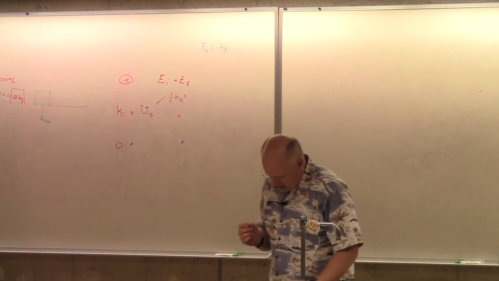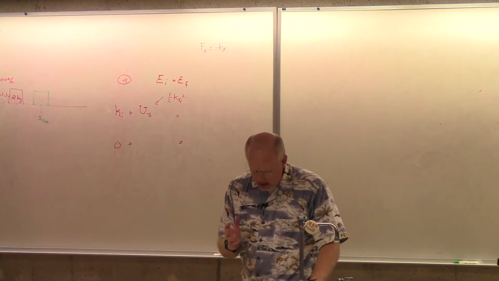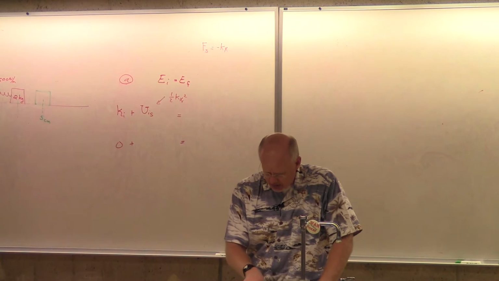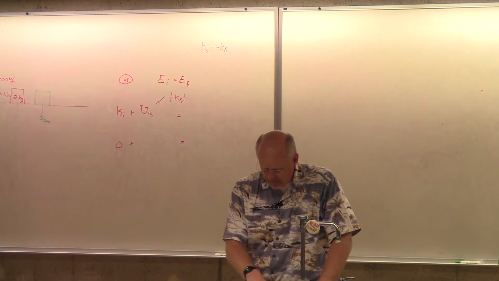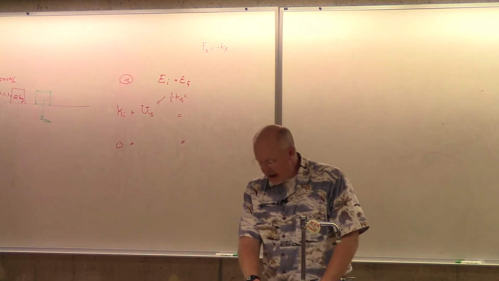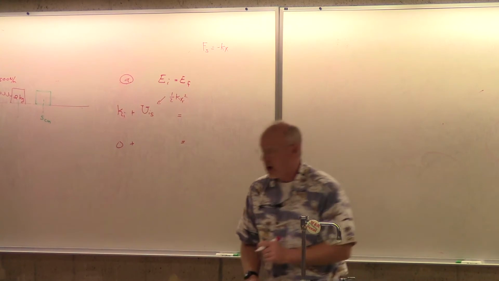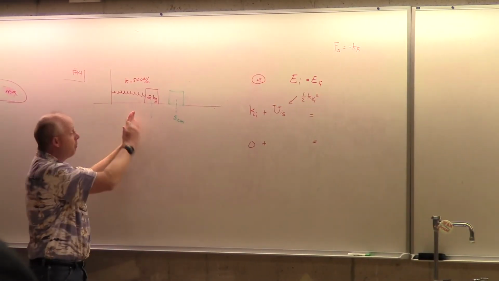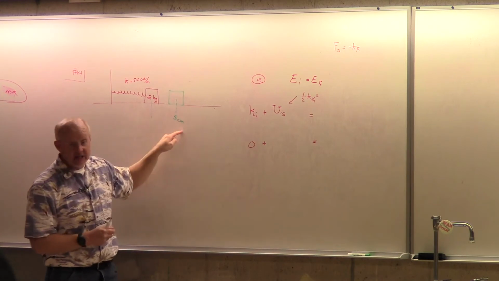I don't know if it was as clear, so I'm going to read it again to see what it says. It says a 2 kilogram block is attached to a spring with a spring constant of 500 as shown in the figure. The block is then pulled 5 centimeters to the right. So maybe it's not as clear, but I think they really are implying this is the natural length of the spring. You start with the natural length of the spring, you put the weight there, and then you pull it. So this is not x equal to 0.